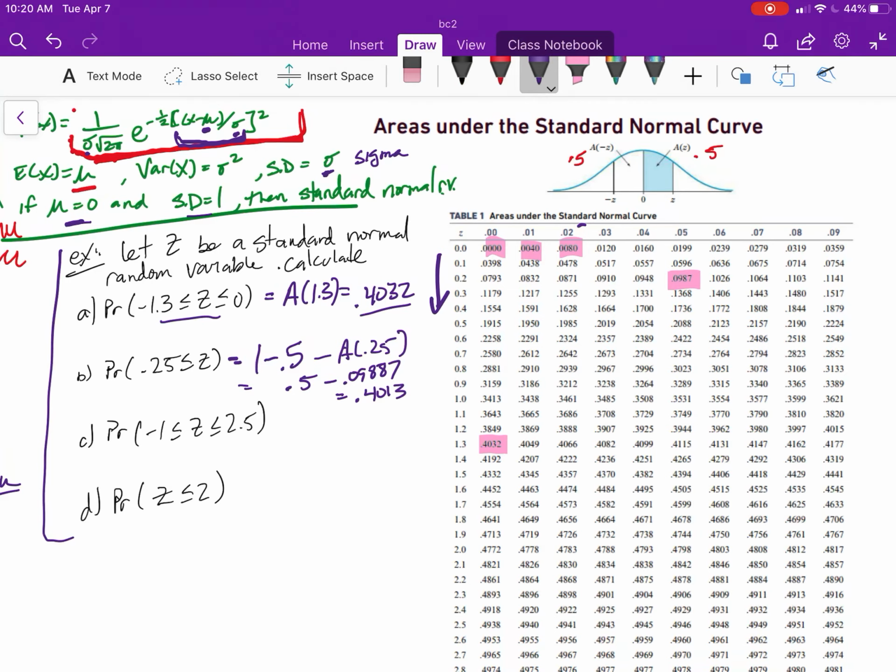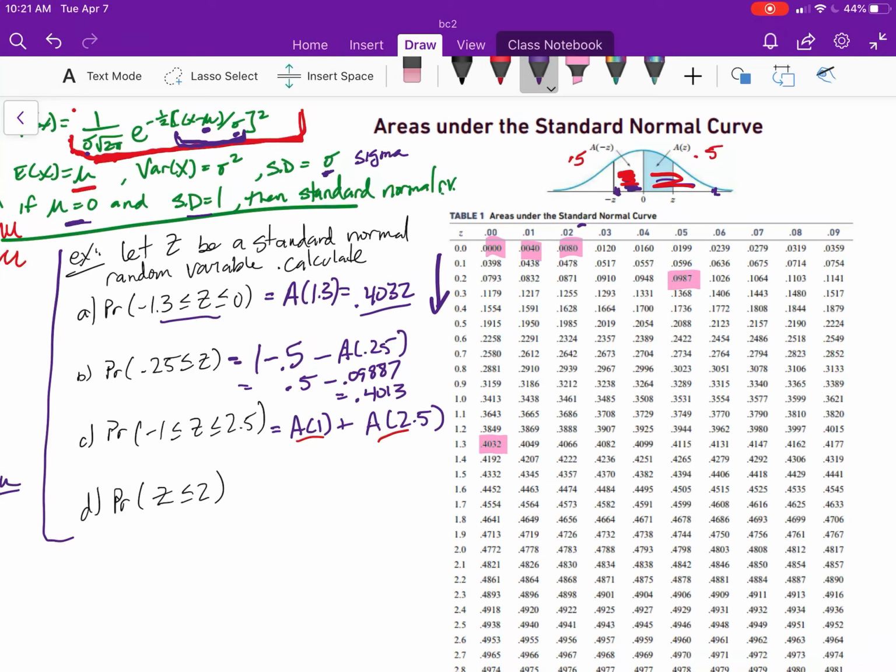So from negative 1 to 2.5. So now I'm going from somewhere over here to somewhere over here. So I have some negative and some positive. Well, that negative part would be just equivalent to going the positive part of 1, right? Plus the 2.5 is just going to be the area 2.5. So because the negative is equivalent to the positive, I'm just taking the positive A of 1 and adding it to that.